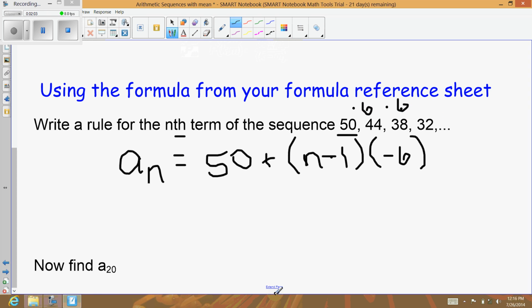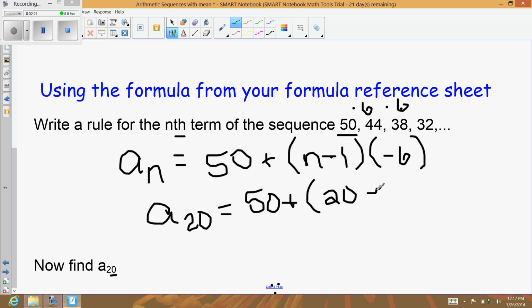Now here's the question. Find A_20. So what we're going to do here is find what A_20 is equal to. 50 plus, well, what's the number of terms? It's that little subscript there. It's 20. 20 minus 1 times negative 6.